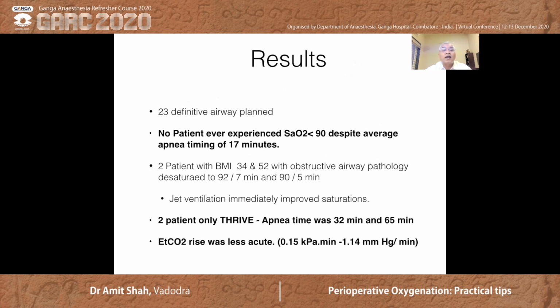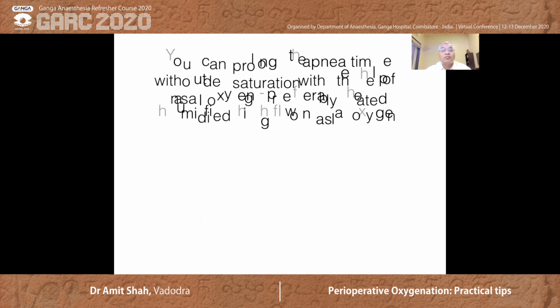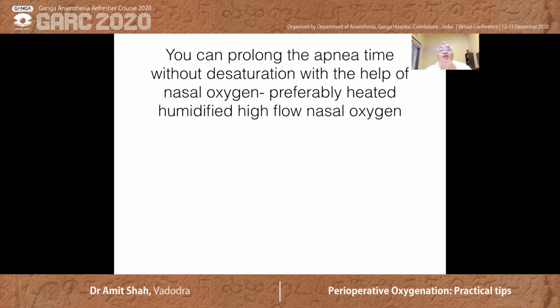To their surprise, no patient experienced saturation less than 90, and average apnea time was 17 minutes. In 2 patients who were only on THRIVE, the apnea time was 32 and 65 minutes, and ETCO2 rise was less acute. So with the help of THRIVE, you can prolong the apnea time without desaturation if you are using nasal high flow humidified oxygen.